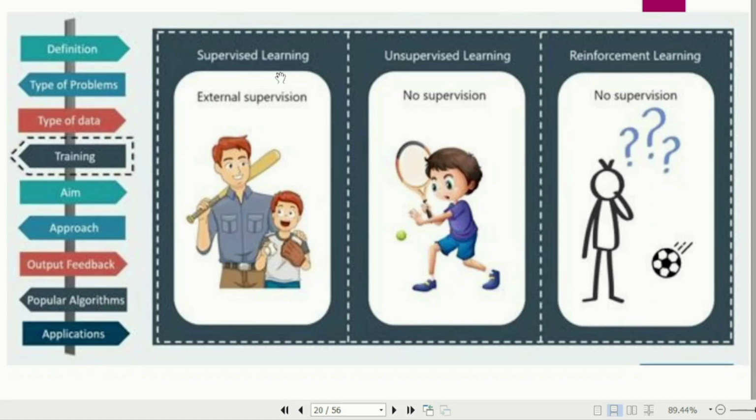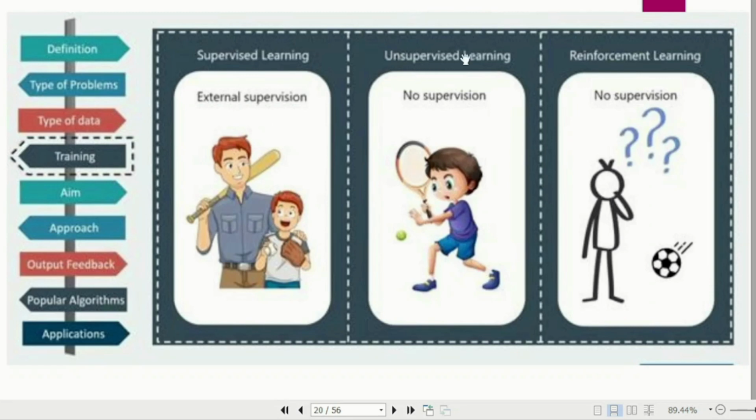So the teacher is one of the external supervision in our training process, and both are well defined and labeled. This is to map the input and output, and once it is well trained, it is tested using new data. So it has to just be given the new data.